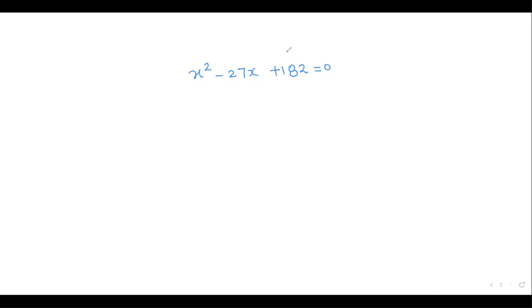So now students, you can see we have to do the factorization of negative 27x such that the product of the factors should be 182. So now let us think how to do this.